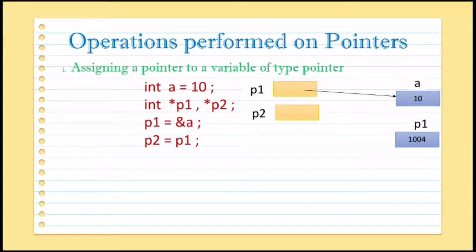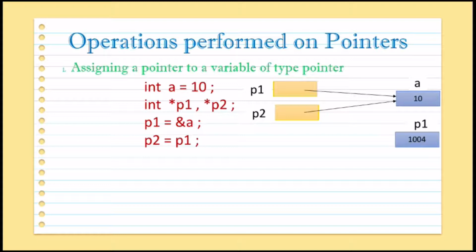In next line we have initialized pointer variable p2 by the variable p1, that is p2 equal to p1. So if you see, p1 is actually holding the address of variable a, so here also p2 will hold the address of variable a, and p2 also points to the variable a, that is, the value stored in p1 will be copied to p2.